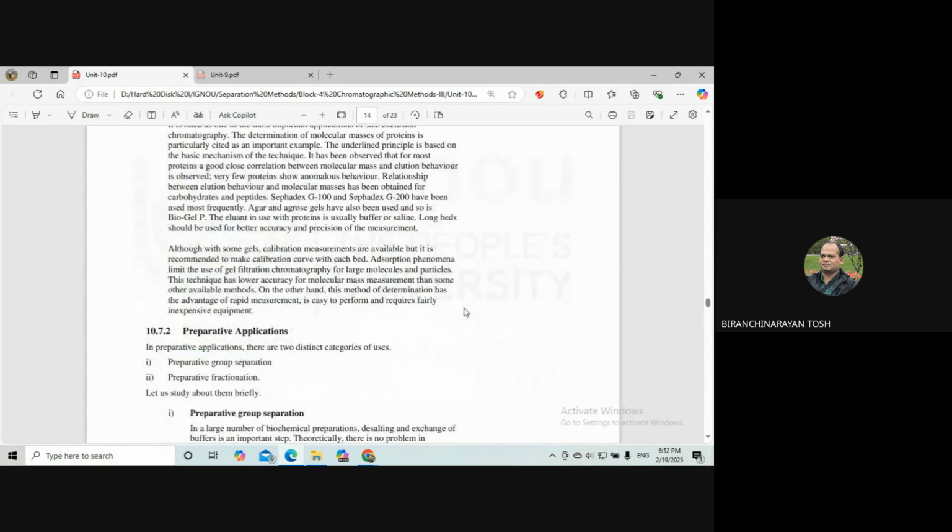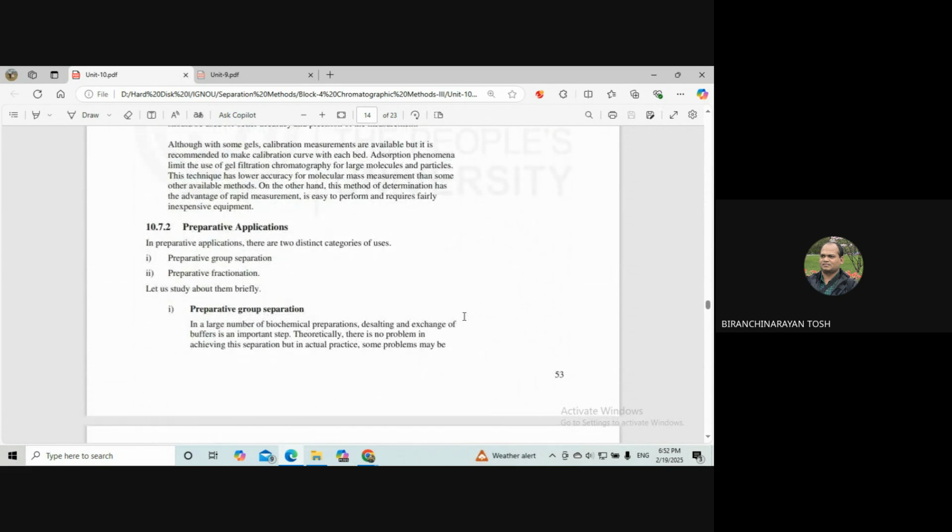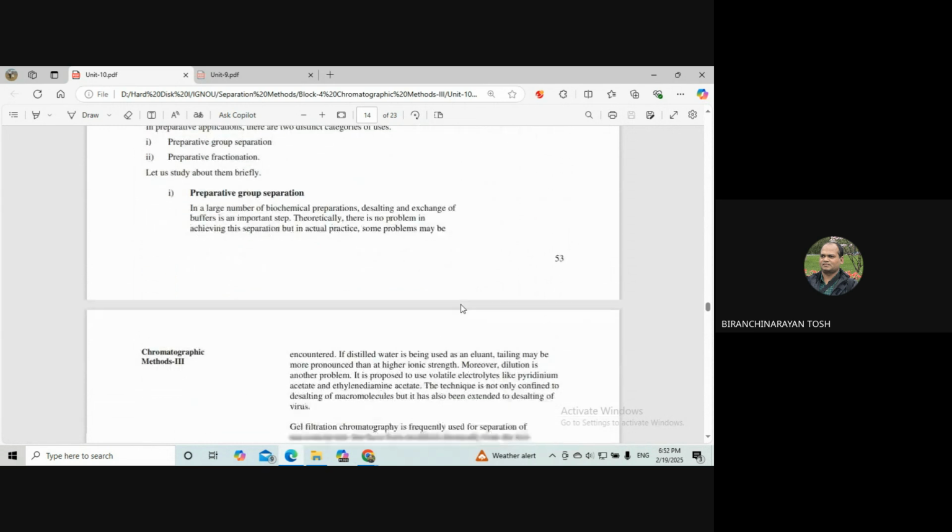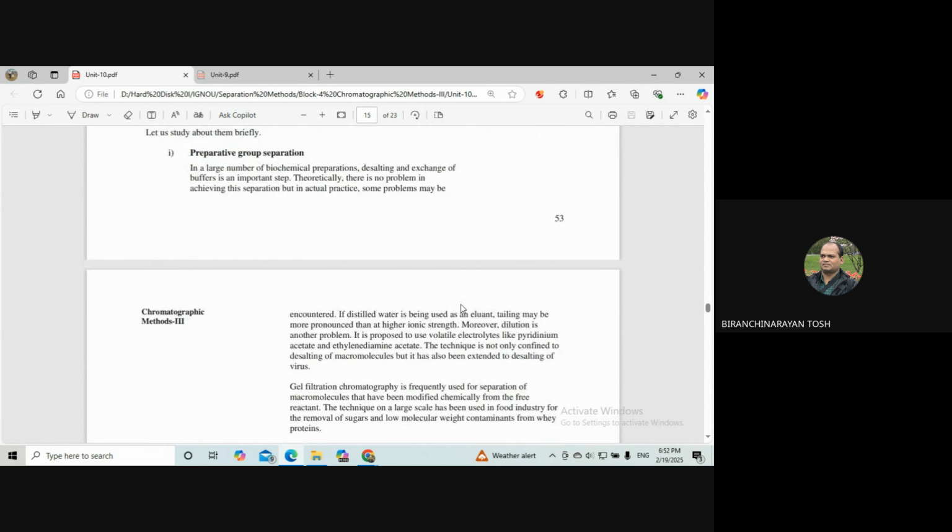In the preparative application, there are two: preparative group separation and preparative fractionation. In preparative group separation, in a large number of biochemical preparations, desalting and exchange of buffers is an important step.